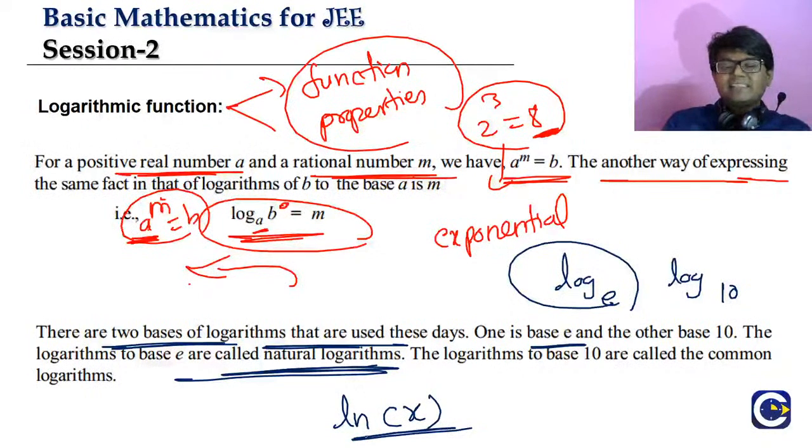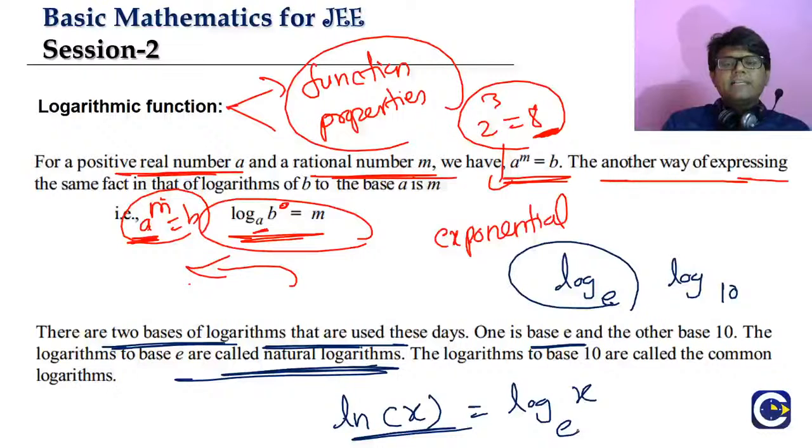So when we put it like this, ln x means what? Logarithm natural. We don't need to say that the base is E. If you are seeing ln x, it is telling that it is the natural logarithm. So what is this actually?